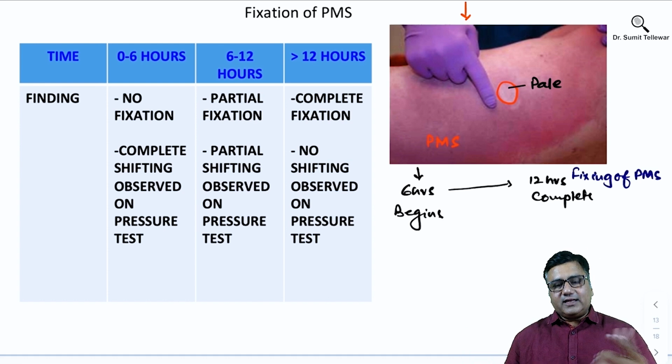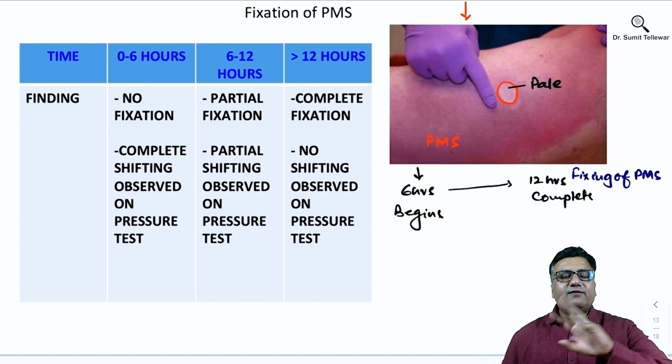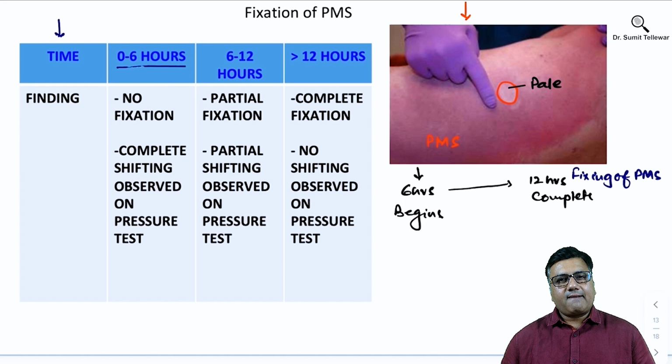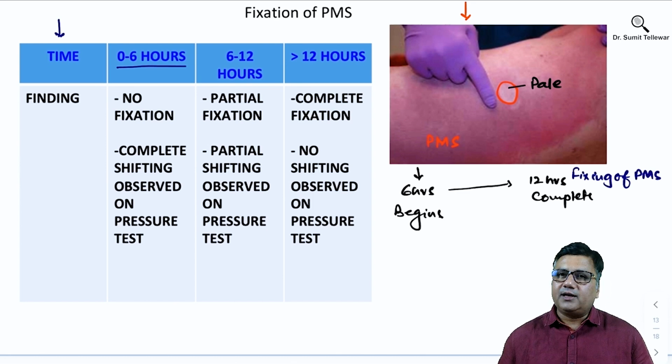So if you look at this table now, we have three different time zones. The first is 0 to 6 hours. In 0 to 6 hours, the fixing of post-mortem staining does not begin. So there is no fixation of post-mortem staining.